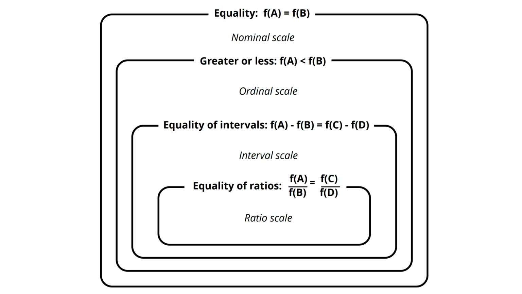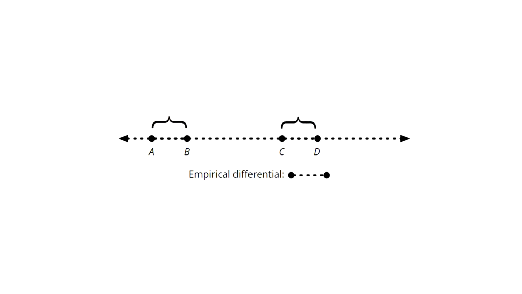So, with the interval scale, for example, the interval scale can undergo any kinds of functions or transformations as long as they maintain the equality of intervals between the 2 points. So, for example, let's say we had the concept of temperature that we were interested in, and we decided we were going to measure temperature at 4 different times on the Celsius scale, and we had 4 different values.